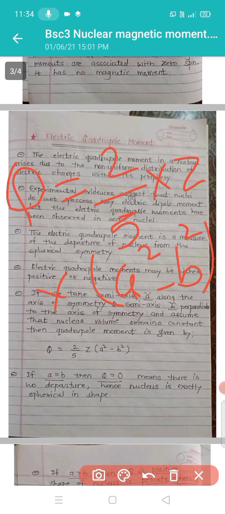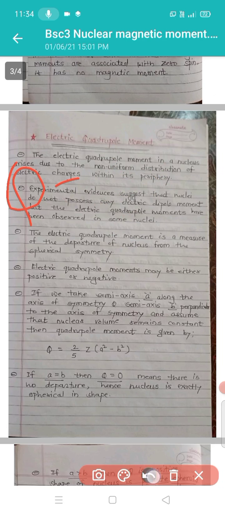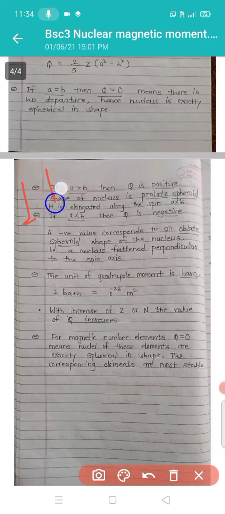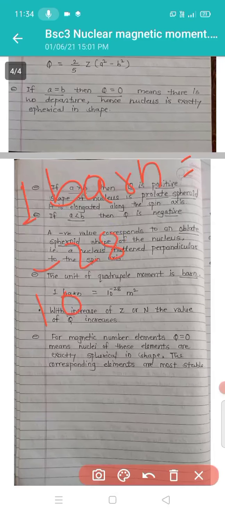The unit of quadrupole moment is barn, and 1 barn is equal to 10 raised to minus 28 meter square.